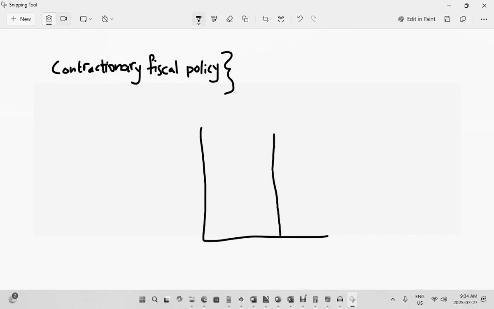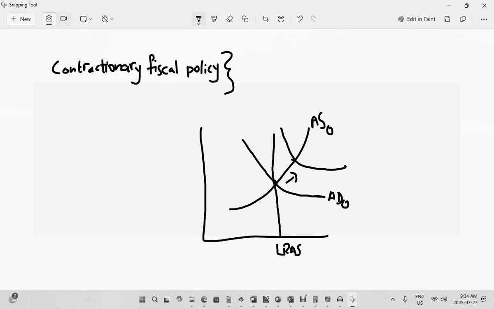Suppose this is your full potential LRAS. Your aggregate demand will shift to the right. Suppose this is your aggregate demand, and this is your aggregate supply at potential GDP. And when your aggregate demand shifts to the right, suppose somewhere over here, it will lead to inflation. Okay, this is inflation.